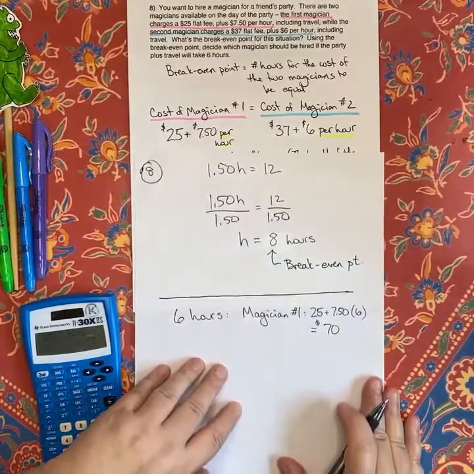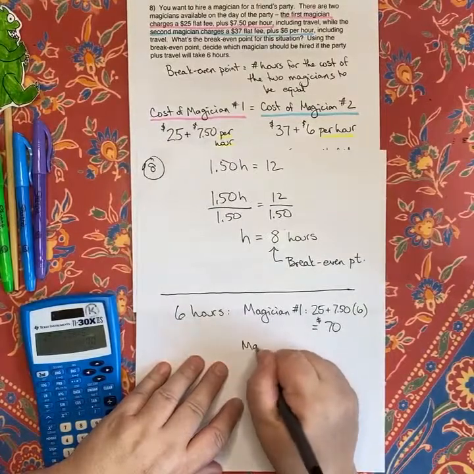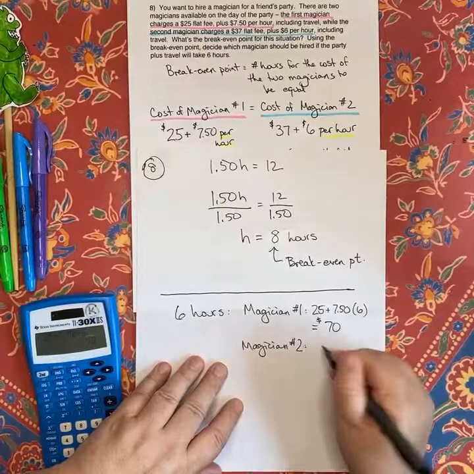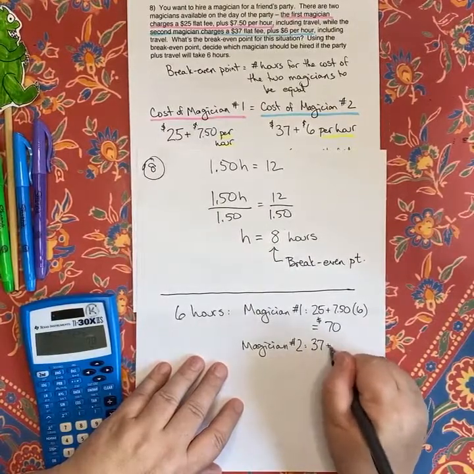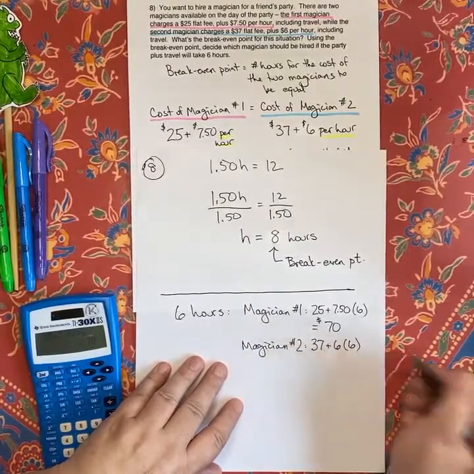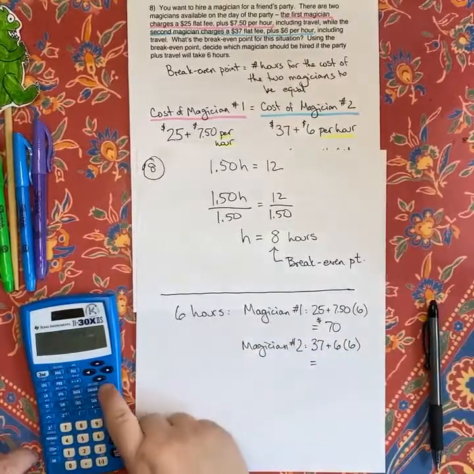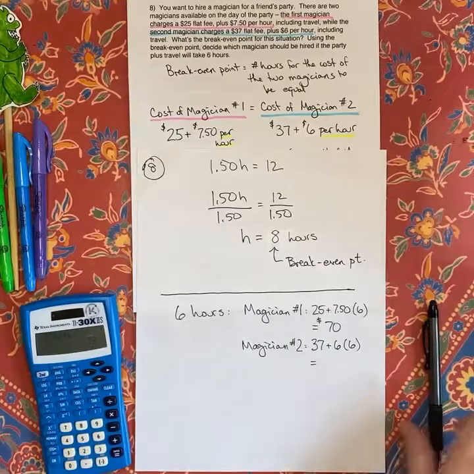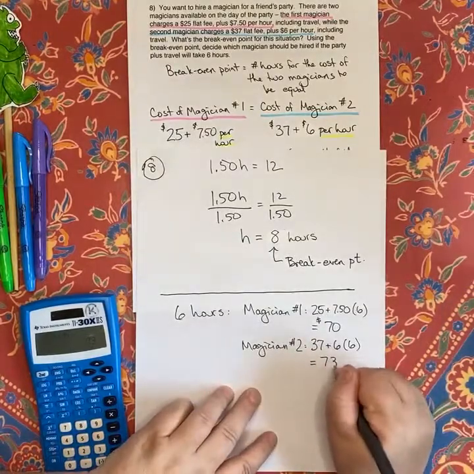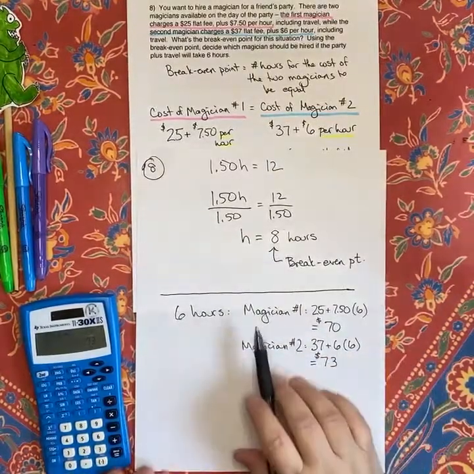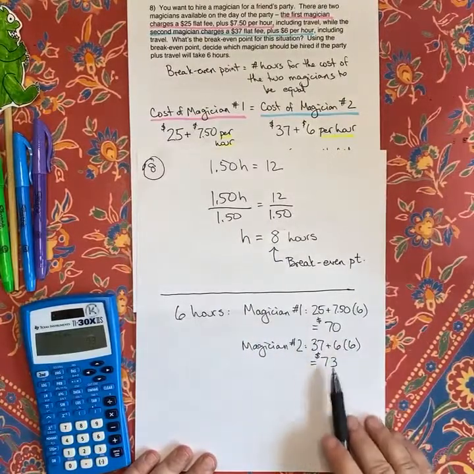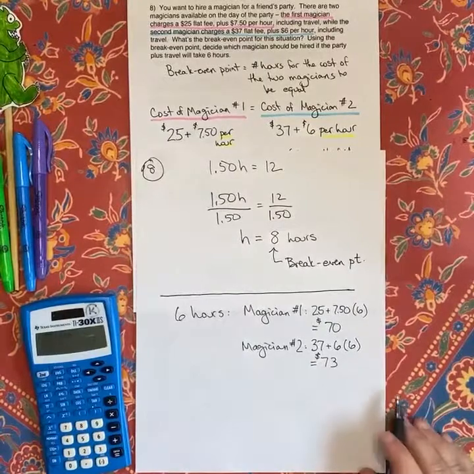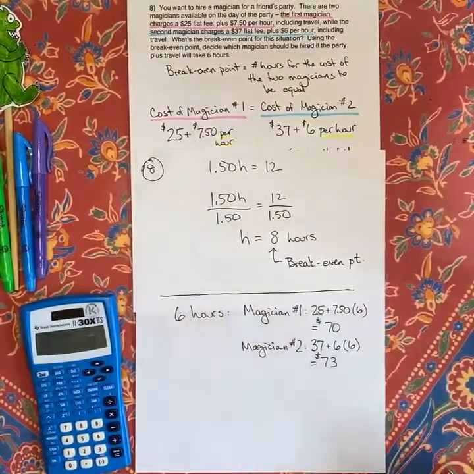And magician number 2 is $37 plus $6 per hour. 37 plus 6 times 6 is 73. So magician number 1 costs slightly less than magician number 2. So we just plug it in and then we know, okay, this one is less expensive.